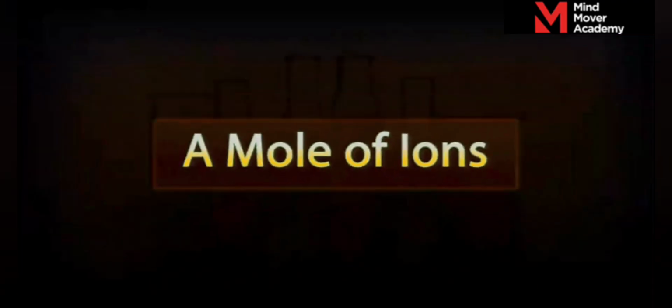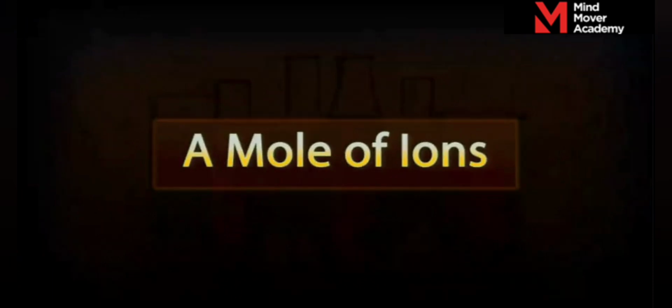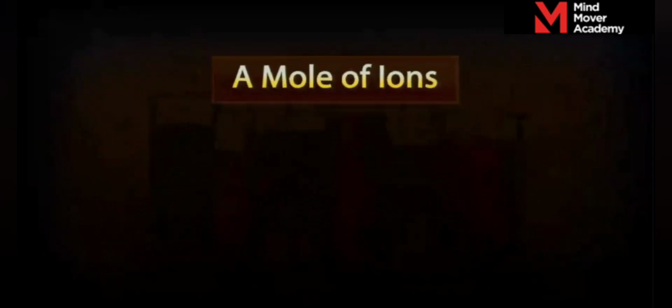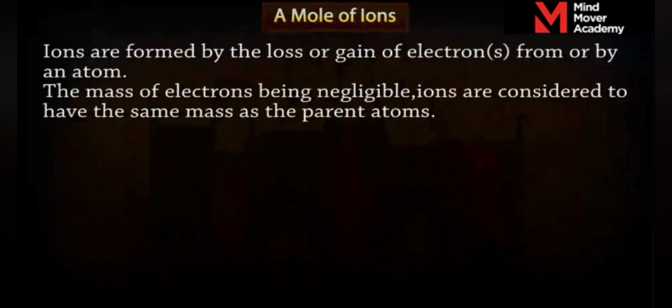A mole of ions. Ions are formed by the loss or gain of electrons by an atom. The mass of electrons being negligible, ions are considered to have the same mass as the parent atoms.